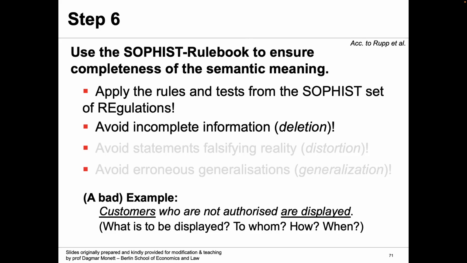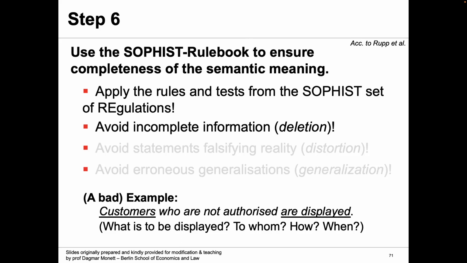Now, a bad example that they give is: customers who are not authorized are displayed. As you can see, this is a very ambiguous requirement, raising many questions and confusions, and that's certainly not what we want.